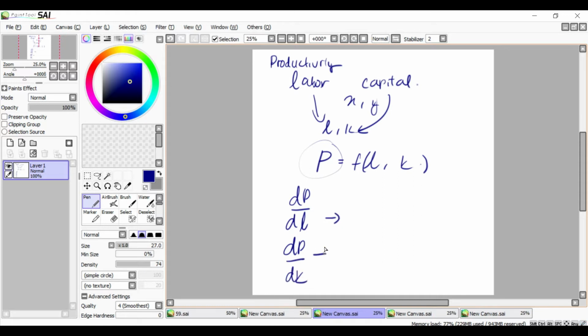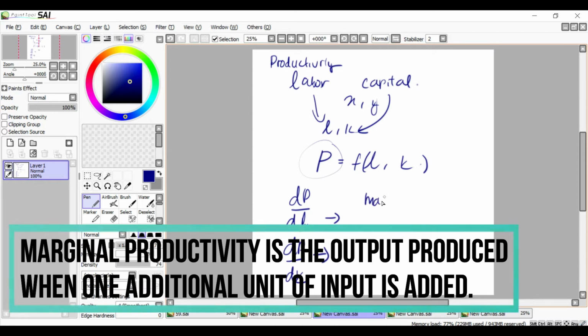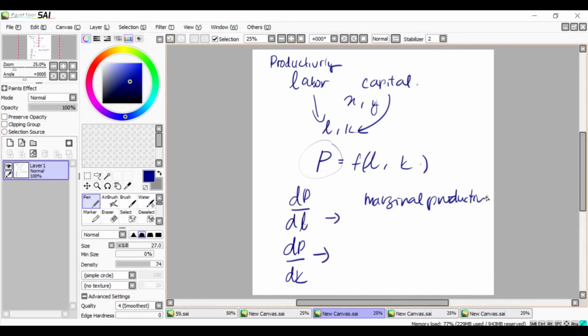When we differentiate with respect to L, it'll be the marginal productivity with respect to L. Then the same here for K instead, capital, labor.